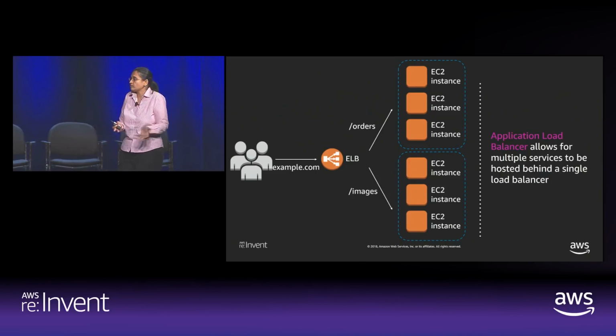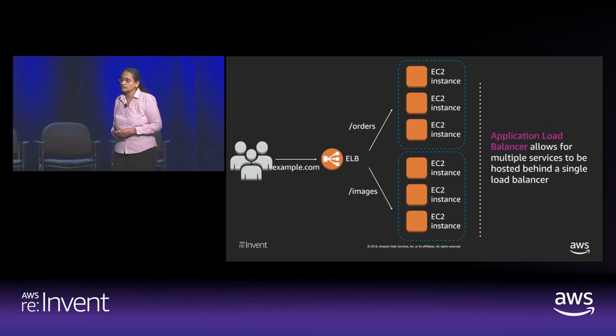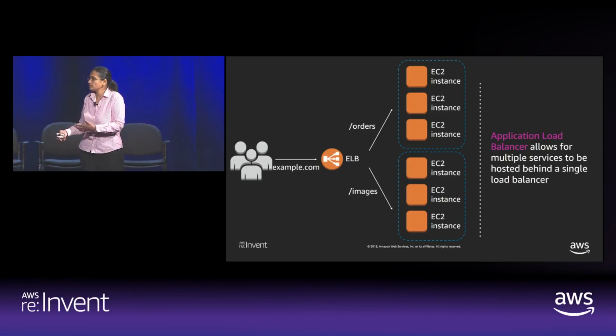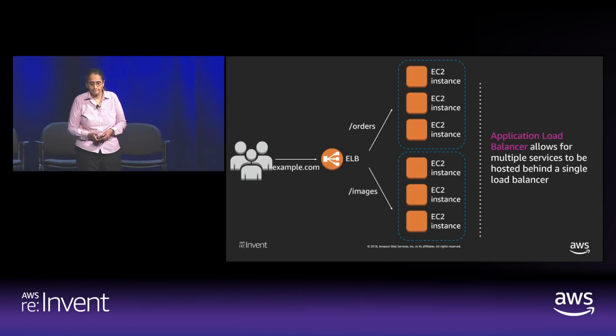If you consolidate everything on a single load balancer, maybe you're misconfiguring or affecting somebody else's application or traffic. The recommendation for us is maybe use one load balancer per service or per team. Think about the blast radius and manageability when you're implementing this content-based routing consolidation for your applications.